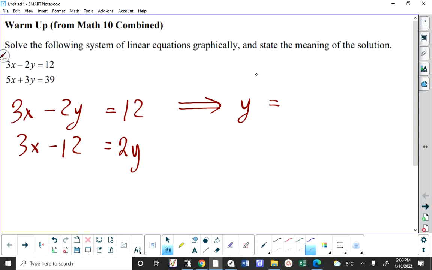Now what I'm going to do is divide everything by 2, and I'm the kind of person that prefers to do it this way. I don't like just going over 2, the whole thing over 2. I'd rather put each piece over 2. And we end up with y equals 3/2 x minus 6.